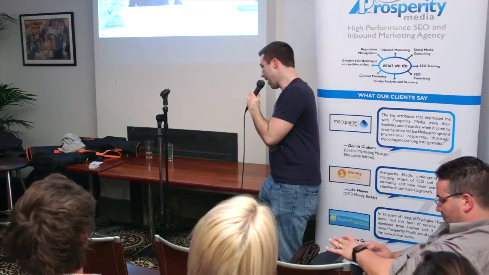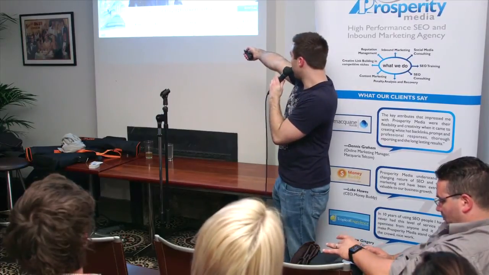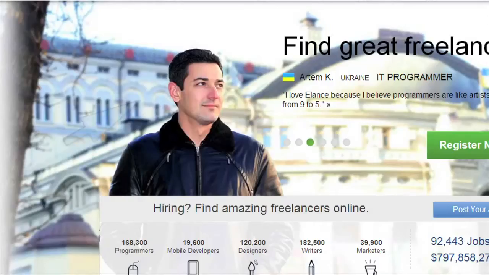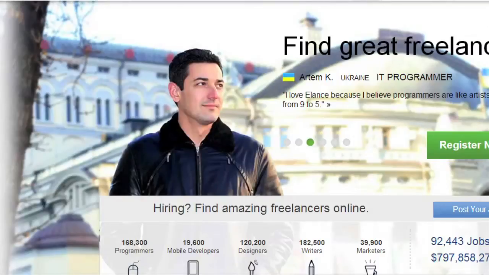So we have Artem from the Ukraine. So here's the thing, okay? This guy is wearing a leather jacket. He looks cold. If he was in the middle of the desert, you probably wouldn't believe he's from Ukraine, right? He also looks kind of web developer-ish, okay? I thought that was diplomatic.